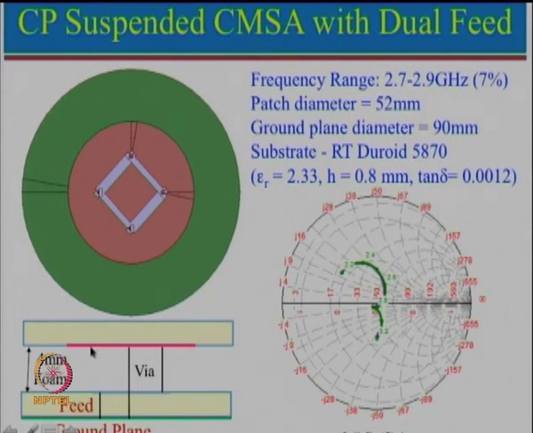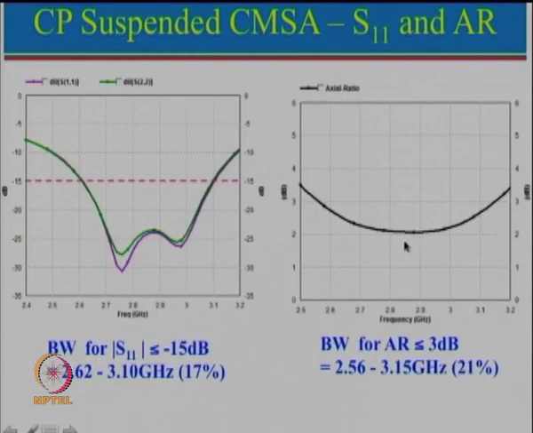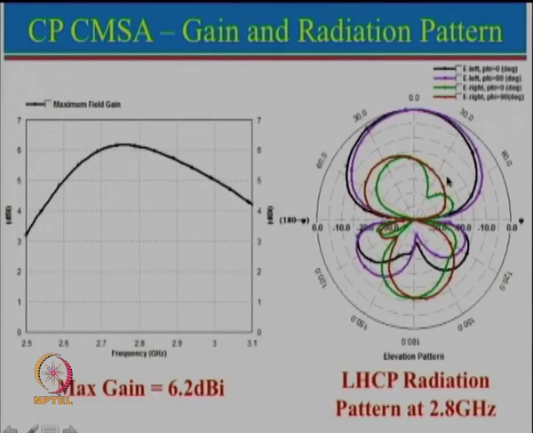So, this is getting superimposed on the radiation pattern of circularly polarized antenna, hence there is a slightly poor axial ratio. We are not getting close to 0 dB or 1 dB, it is close to 2, but yet we can see that axial ratio is less than even 2.3 dB over the desired band, and the isolation is still better than about 17 dB in the desired frequency range.